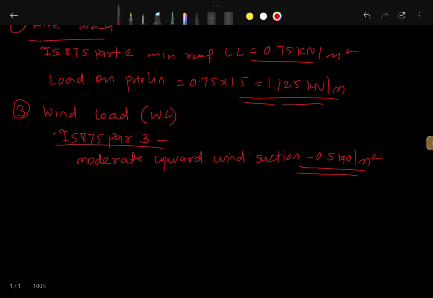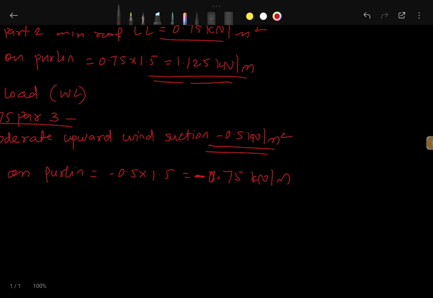Now we convert this critical wind load to kilonewton per meter. Load on purlin comes minus 0.5 into 1.5 is equal to minus 0.75 kilonewton per meter. This minus sign indicates the wind acts as an upward force.